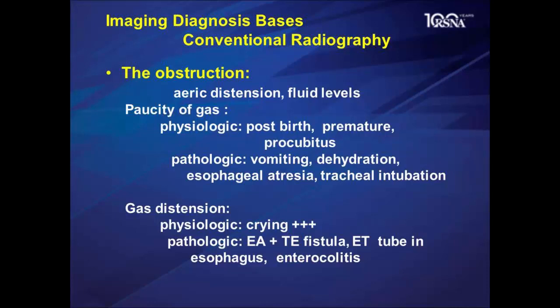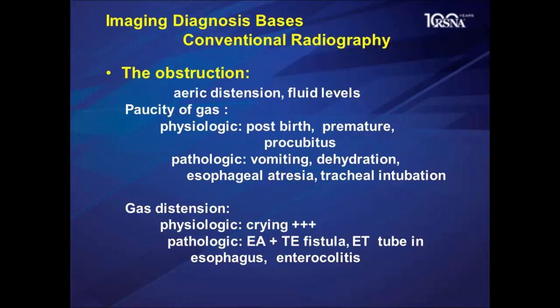If the patient is dehydrated, and of course the big classic entity is if we don't see any air in case of esophageal atresia. Also, when the babies are intubated and the ET tube is in the airway, it may cause some obstruction of the esophagus, not allowing any gas to go down.